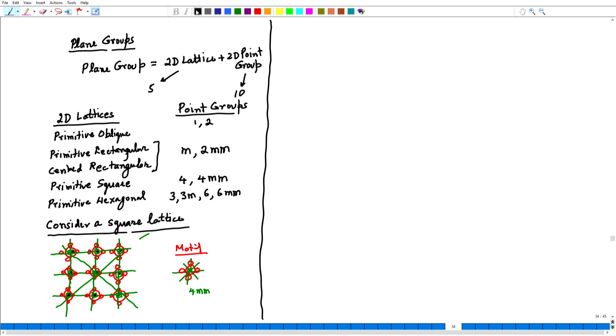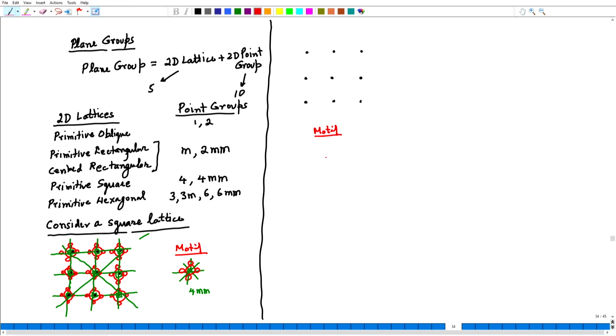Now, consider the same square lattice in a second example where I have a different motif. So, this is roughly a square lattice that I have drawn, and let us take now a different motif.